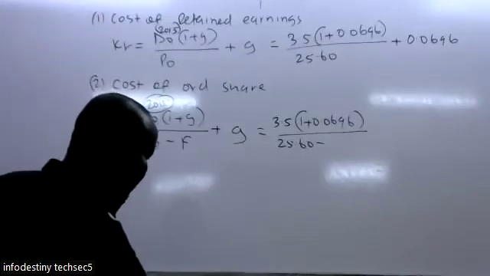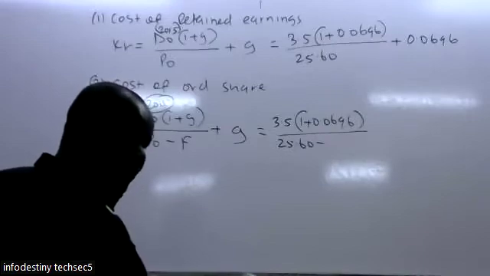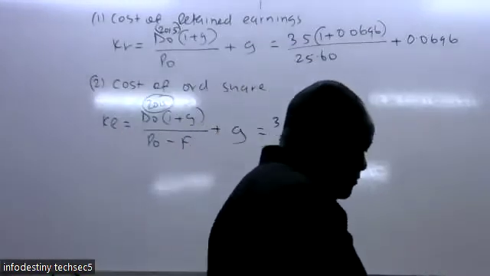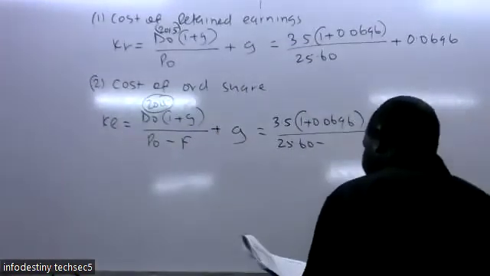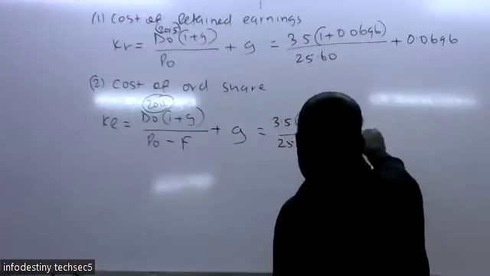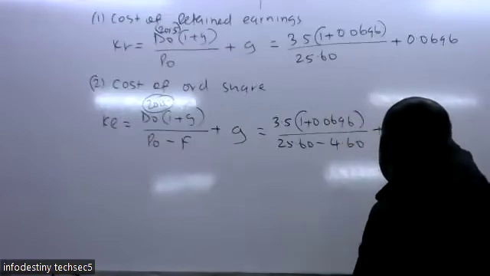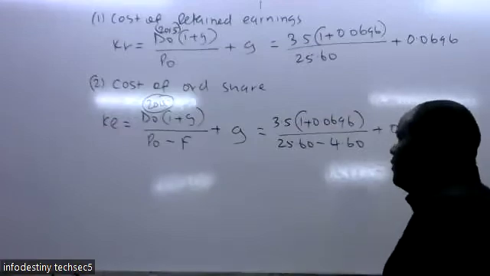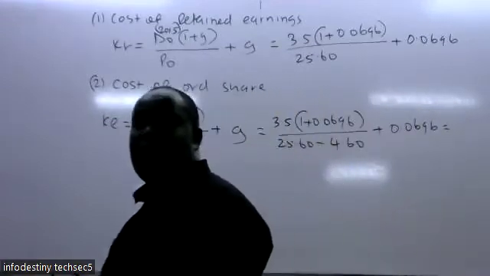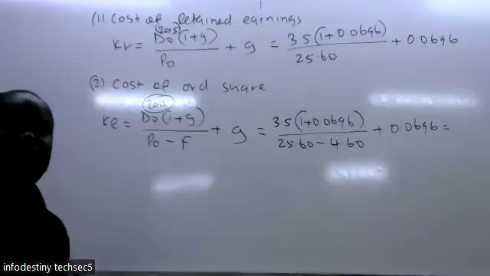Are you able to see the flotation cost somewhere in note number 3? Issue of the new ordinary shares will attract a flotation cost of how much? 4.60. So they gave you 4.60, then you add 0.0696. Then you also express it as a percentage.